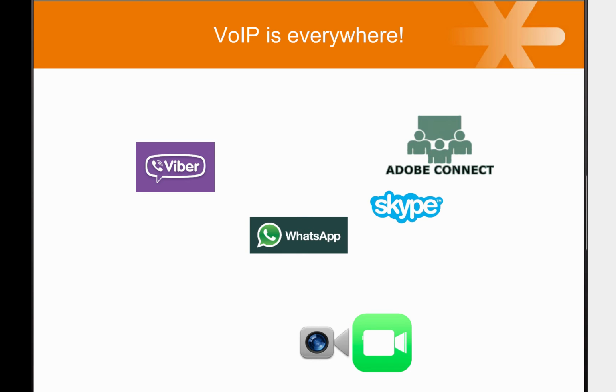Those techniques and codecs used in those programs, you will find also in voice over IP. So whenever you thought you have never used VoIP, that's fairly not true, because you have definitely used at least Skype.